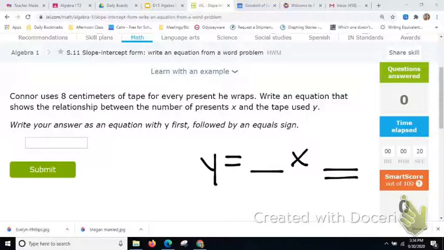It says 8 centimeters of tape for every present. So x is the presents, and this 8 centimeters for every present means the 8 is going to be in front of the x. We don't have a second number. It's just 8 times however many presents. There's not like 5 centimeters that get wasted at the beginning of the day or something. It's just y equals 8x. So some of them may end up being easier than you anticipate.